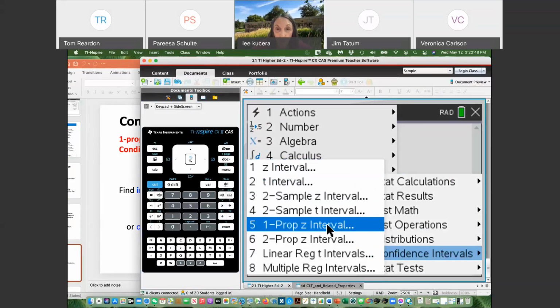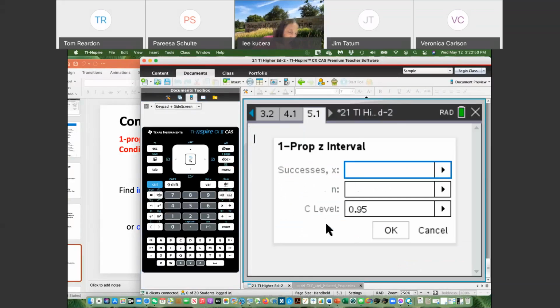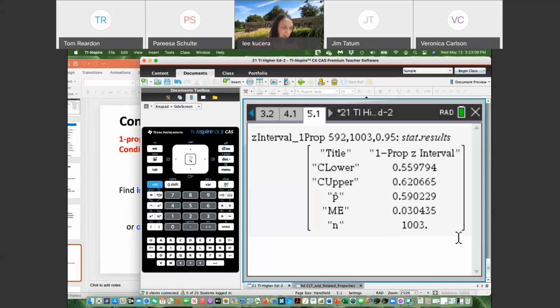I'm doing a 1 proportion Z interval. I learned last time that I can't put in a decimal, so I already figured out ahead of time that that's 592 out of my 1003. I'm doing a 95% confidence interval, and there we go.